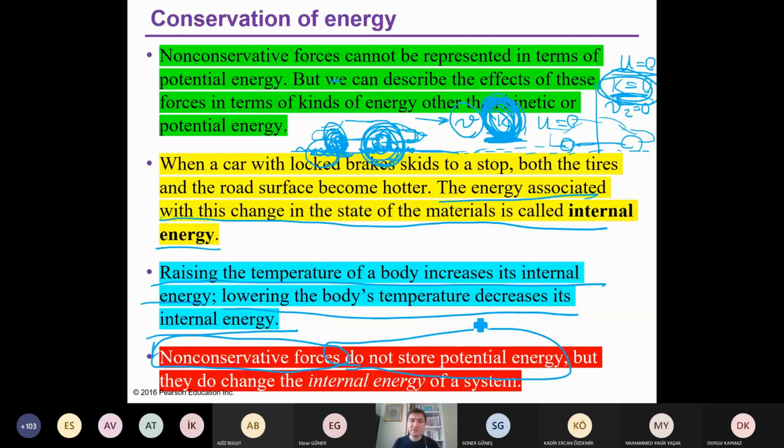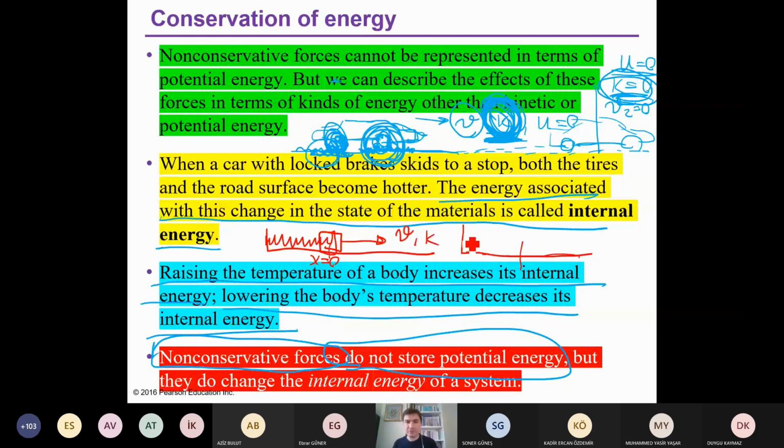So just remember the spring. This is x equal to 0, the equilibrium condition for the spring, and here I have a mass, and then I have applied a force, and due to this force this mass has a certain velocity and kinetic energy. Now this is the final position.